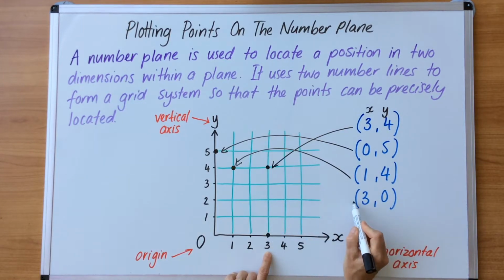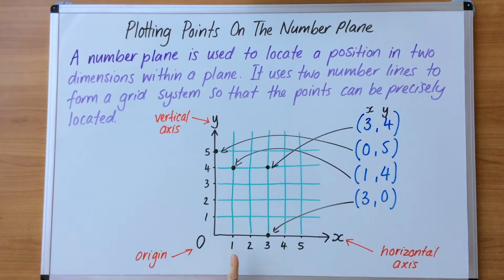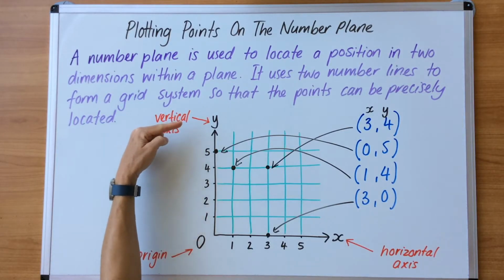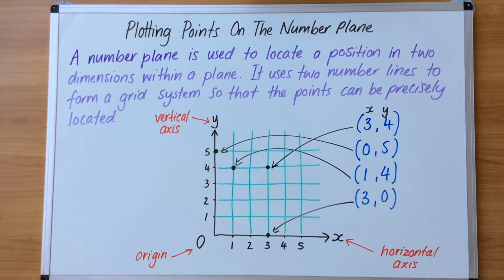So this is our (3, 0). The x-coordinate, the input, is always written first. The x-coordinate indicates how far to go from the origin in the horizontal direction. And the y-coordinate, the output, is always written second. The y-coordinate indicates how far to go from the origin in the vertical direction.